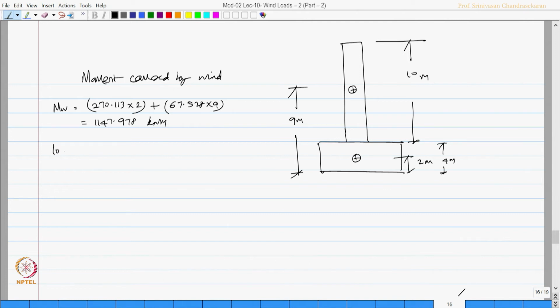I want to find the location of resultant from the base of the deck.